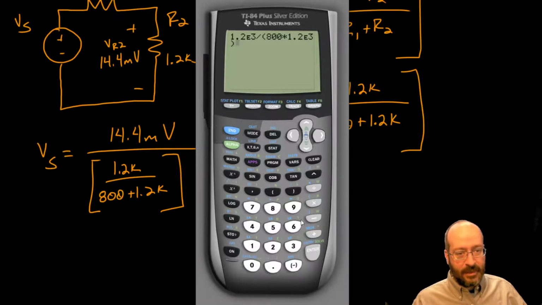Okay, just another example. If I put in K as E3, I don't have to think about it. And that gives me 1.25 E negative 3. And I'm going to divide that into 14.4 millivolts. But I'm going to enter millivolts as 14.4 E negative 3. And let's go up and grab that answer.